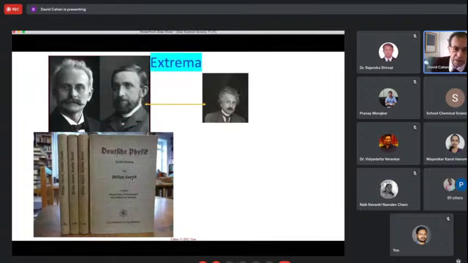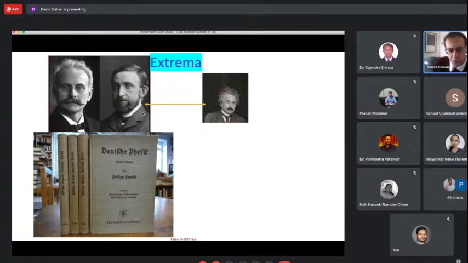They both got Nobel Prizes. Philipp Lenard for cathode ray tubes, the cathode rays, and Johannes Stark for the Stark effect and further work, which is the effect of a strong electric field on energy levels.